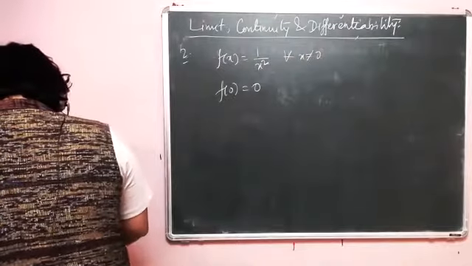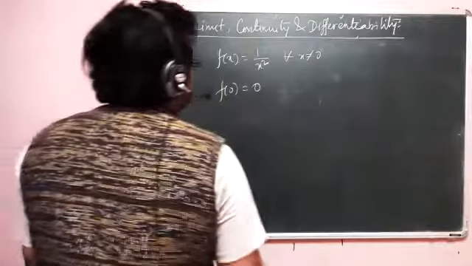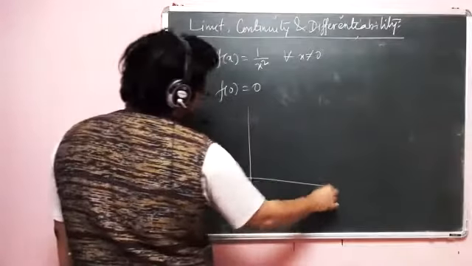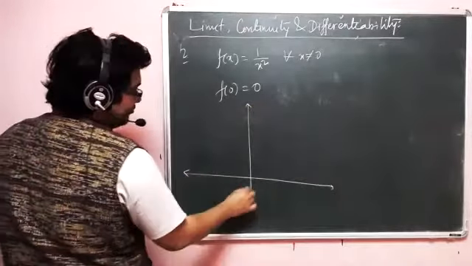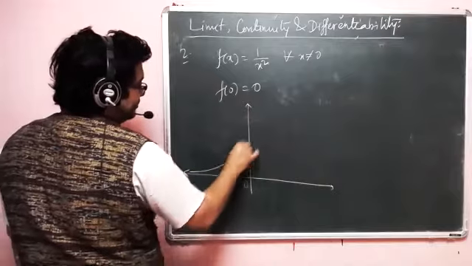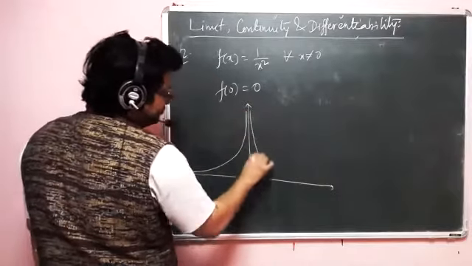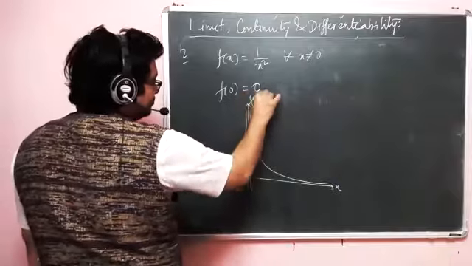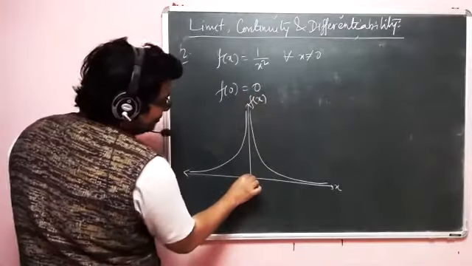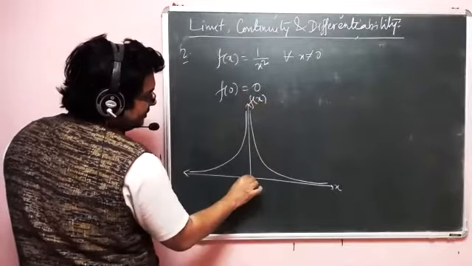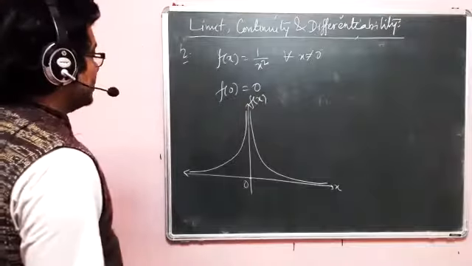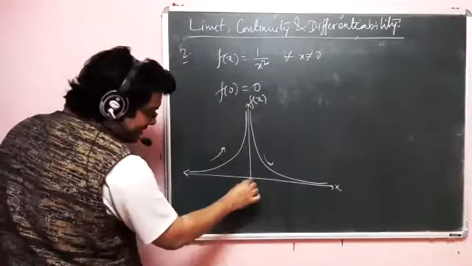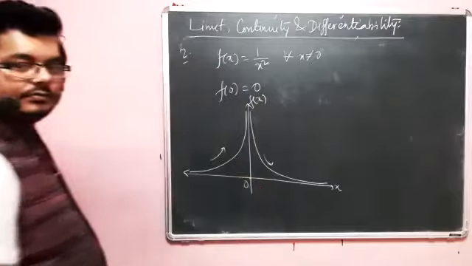So what is the graph here? The graph here is basically this, and here is the point 0. So the graph goes like this and then comes down like this, but at 0 it is 0.